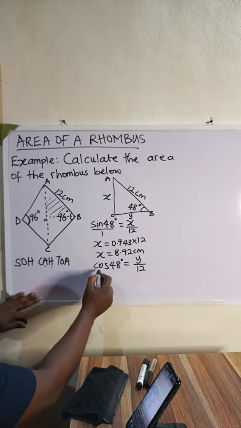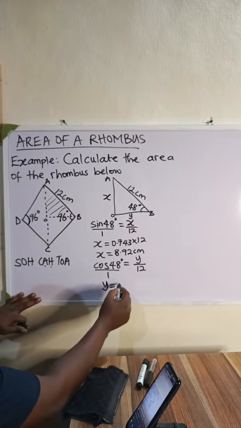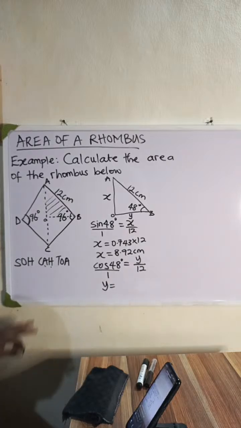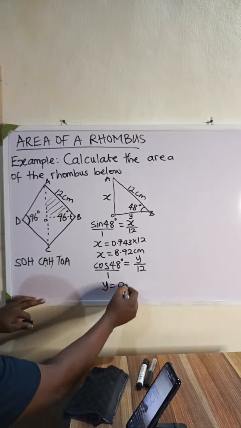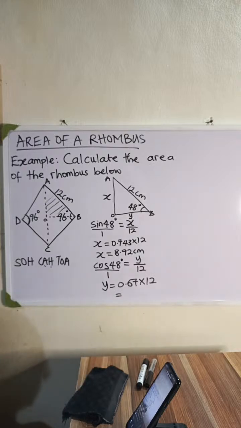So y is equal to cos 48 over 1. Cos 48 is 0.67, okay? 0.67 times 12, what will it give us?